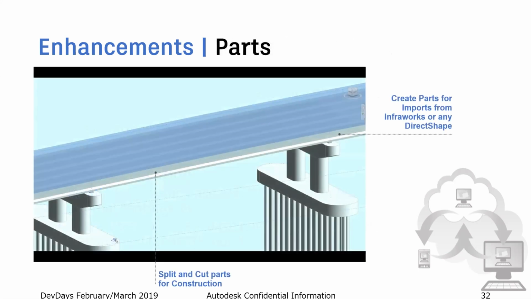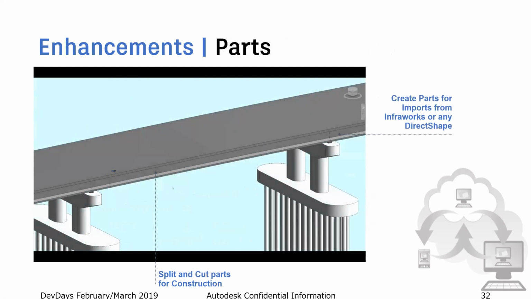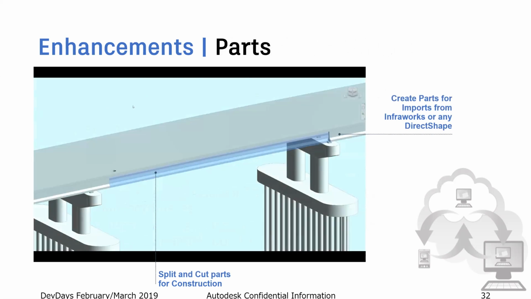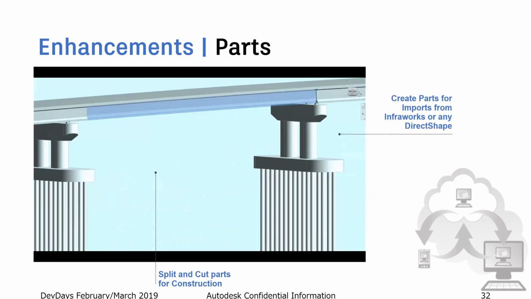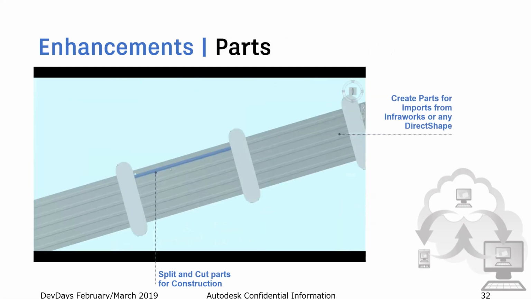In terms of other enhancements, we've also enhanced parts, and the way we've enhanced parts is, I should say, we've enhanced direct shapes to support parts. And the reason that we're starting to look at this is because this is, again, a requirement in terms of our infrastructure customers bringing in large amounts of data, in particular bridges, concrete bridges, into Revit and wanting to detail them in Revit.